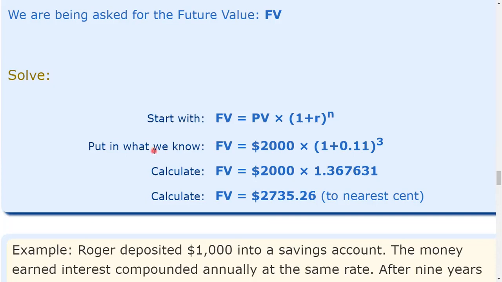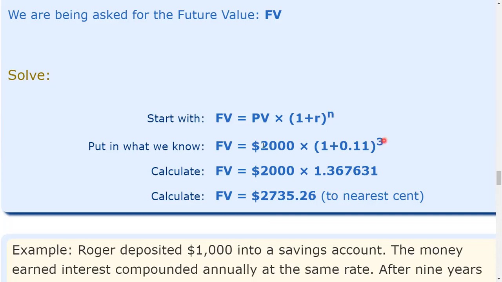So put in what we know: FV is equal to the present value, $2,000, times 1 plus the rate in decimal format. The percentage is converted into decimal form: 11% means 11 over 100, so 11 over 100 is 0.11. And n is the period, 3 years.